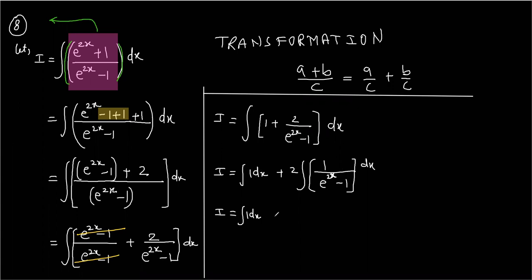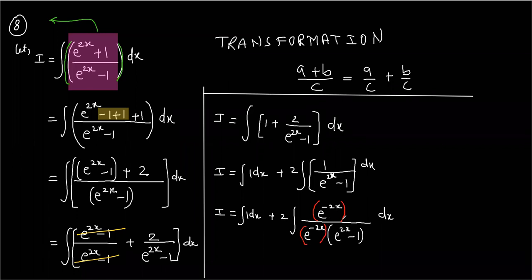So here I write 2, and see how I do it. I write this as e raised to minus 2x in the numerator, and in the denominator e raised to minus 2x into e raised to 2x minus 1. Students, what I did here is I multiplied e raised to minus 2x up and down. This is allowed because I am not taking it out.